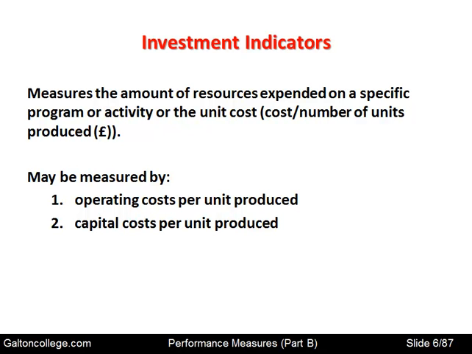Try to look at the capital costs per unit produced. It's very difficult to work out these figures, and many are put off even trying. When we think of output in, let's say, a manufacturing setting, the output is produced by workers and machines. Now, what is the contribution of the worker and what's the contribution of the machine? Could it be that the output is increased because workers have become more efficient?